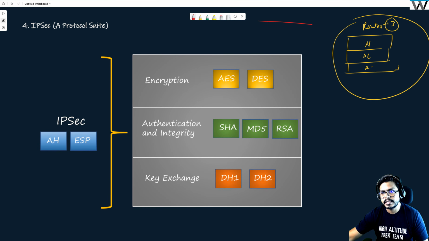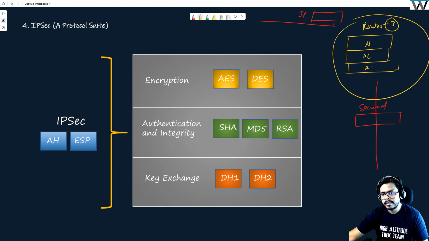If this router receives an IP packet here, my goal is that when this packet goes out of this router, it should be encrypted. It doesn't matter if you are providing tunneling or anything else, it should be secured by any means.